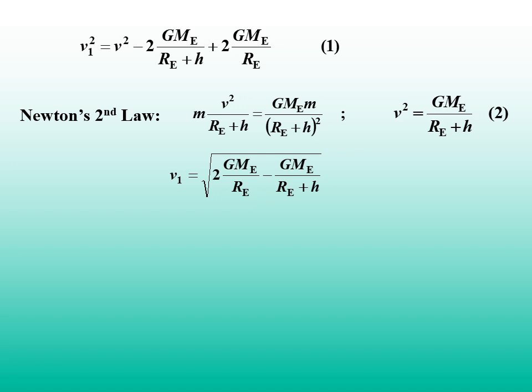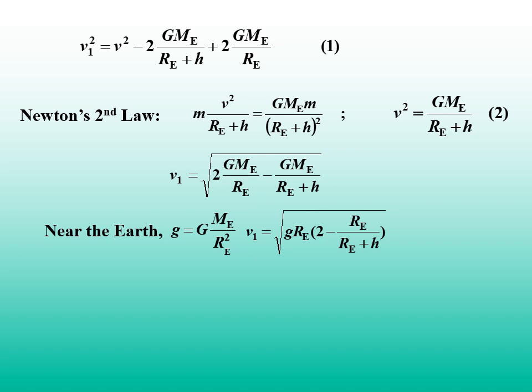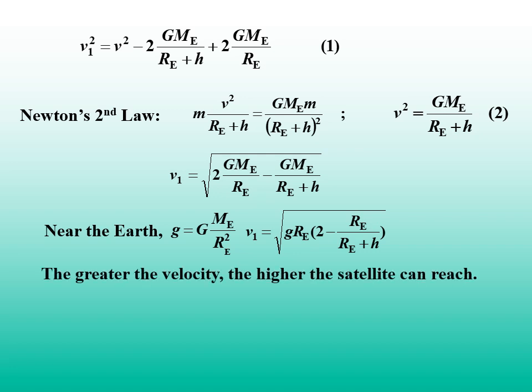Substitute this equation into equation 1, and v1 can be obtained. The lowercase g here is the gravitational acceleration near the Earth, equal to 9.8 meters per second squared. v1 equals the square root of g R_E times parentheses 2 minus R_E over R_E plus h.